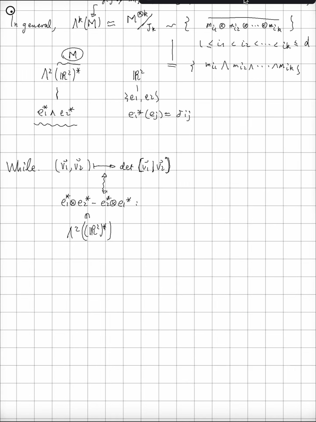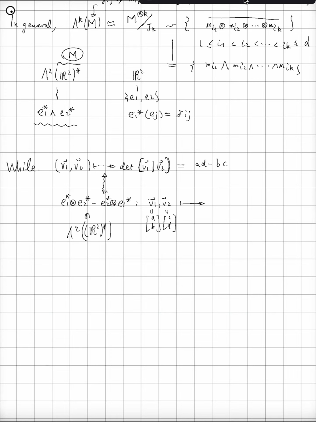Because notice this one maps v1, v2 to what? Let's put it more precisely. Let's put this as a, b, c, d, then this should be ad minus bc, right? This determinant.